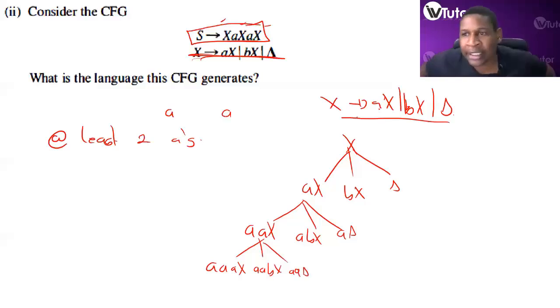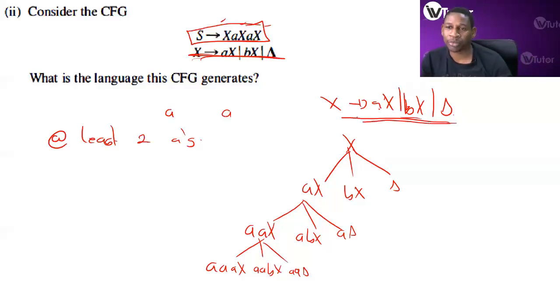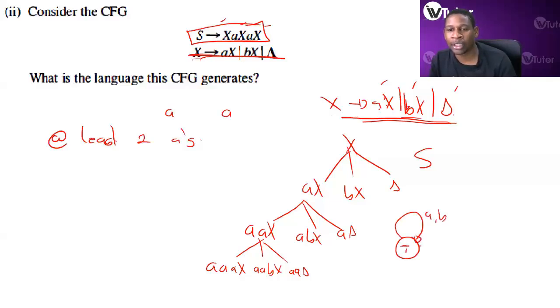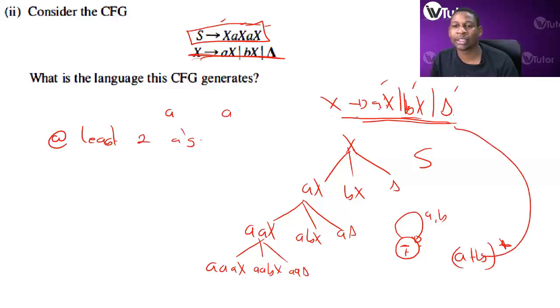It can generate any substring. So literally speaking, if this was starting from S, for example, this semi-word terminal would have an A or a B going there, and it's a final state like that. So this is equivalent to saying A or B Kleene star. So this generates the language of all words over the alphabet A, B, right?